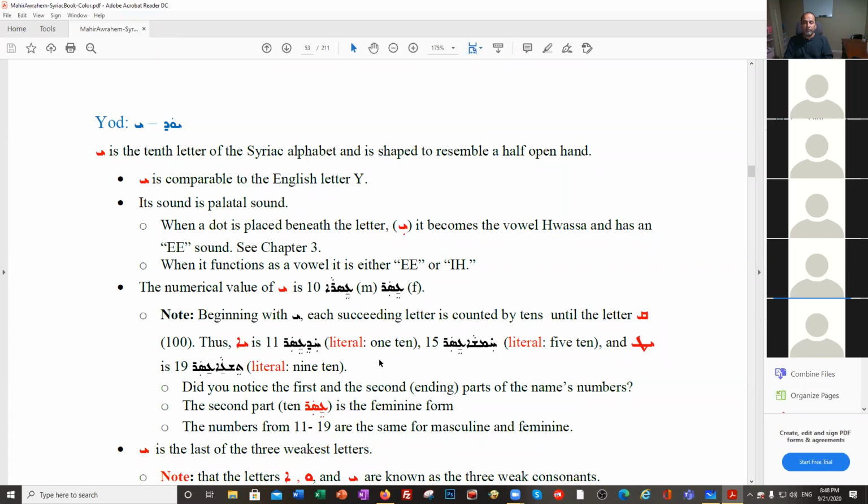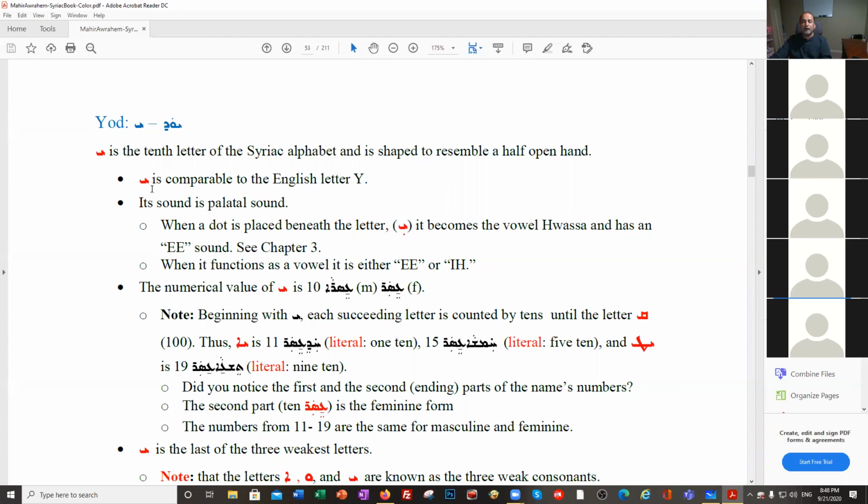From Yod, one vowel is derived from this letter, the Hwasa, the long E. So when I have a single dot underneath Yod, this one is not a letter anymore, it is a vowel. And the sound of this vowel is E.